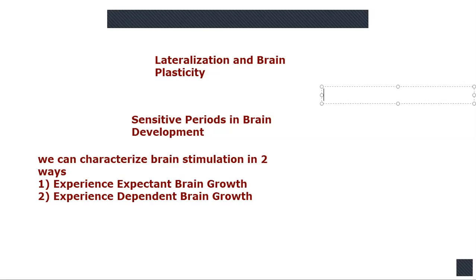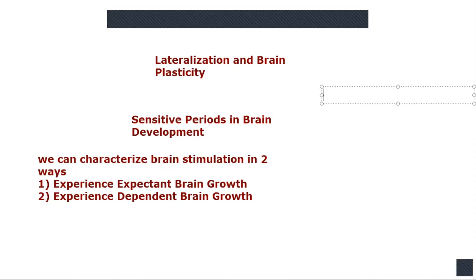For example, visual experiences are essential for the brain's visual centers to develop normally. If these visual experiences are not provided, the brain shows some form of defects and disruptions in those centers, which means that those centers are not likely to grow properly.